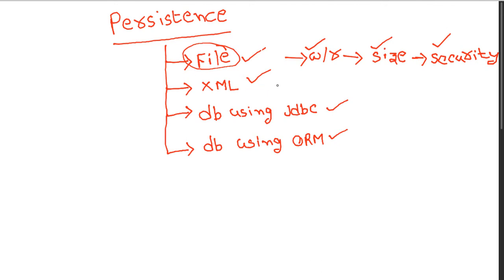So that's why the next type of persistency is XML persistency. Here also, almost all the disadvantages of files are applicable to the XML persistency layer too. But if you are saving the data in an XML file, one advantage is also there.